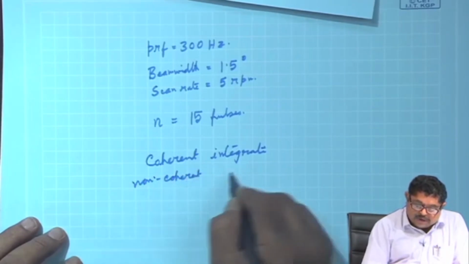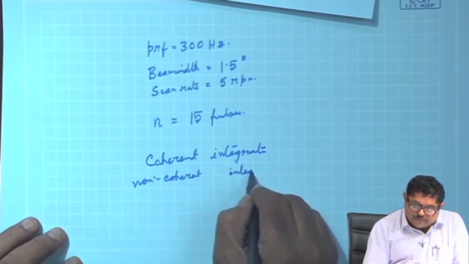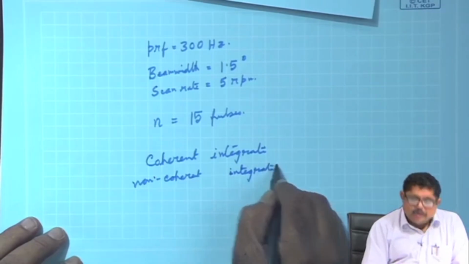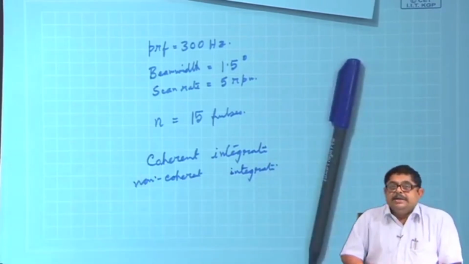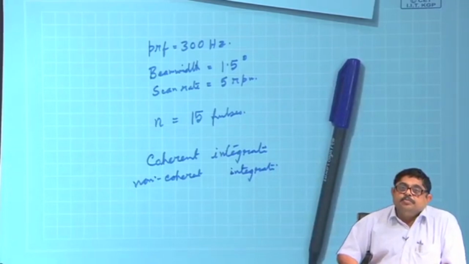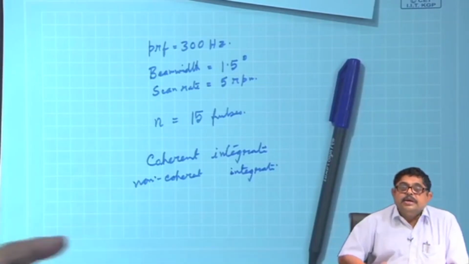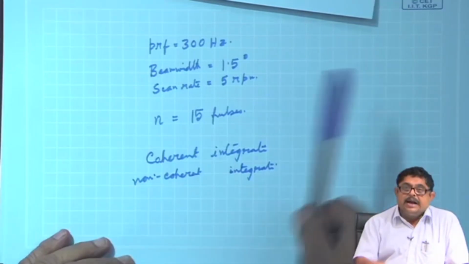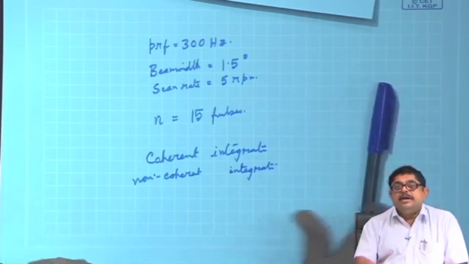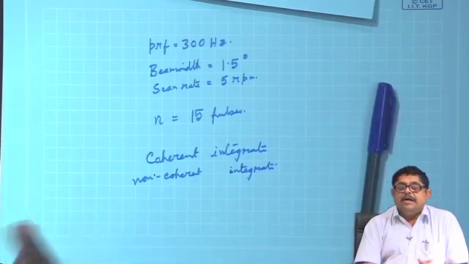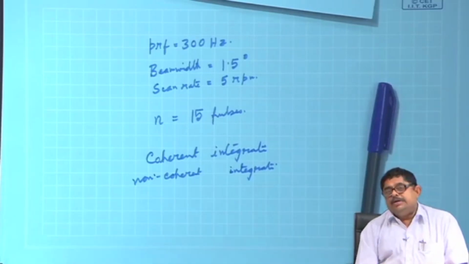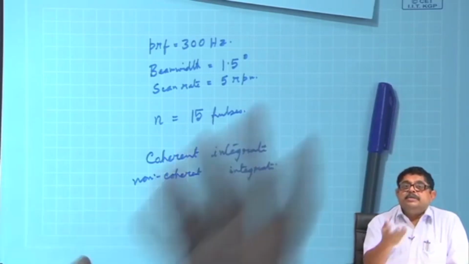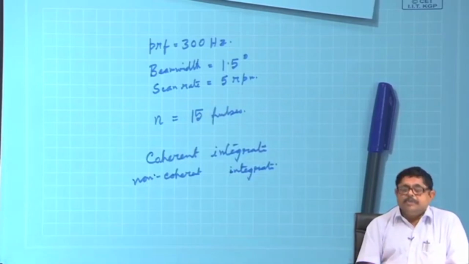Obviously, as we discussed, we are just improving the SNR. If you integrate n number of pulses coherently, your SNR after integration will be n times the original SNR, but if you do non-coherent integration, then it will not be so.